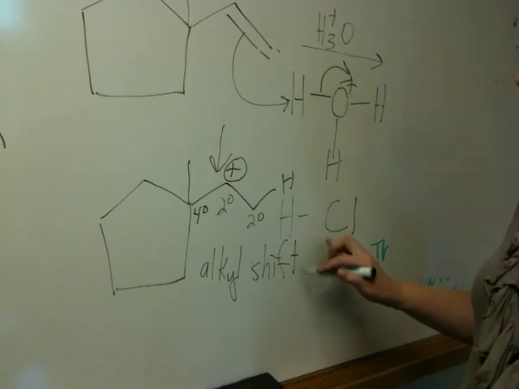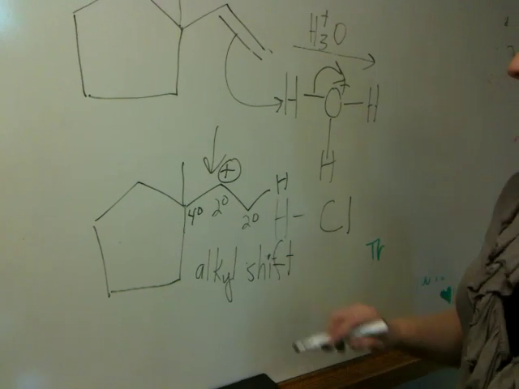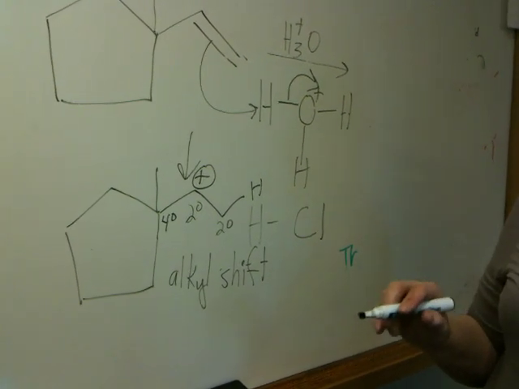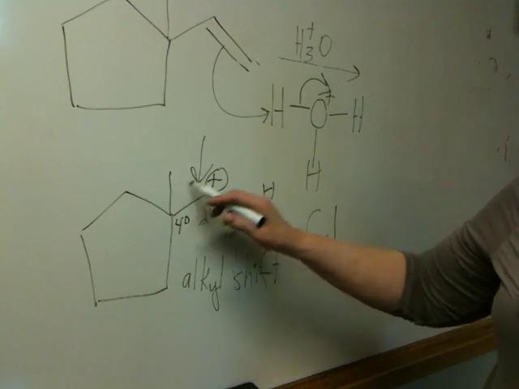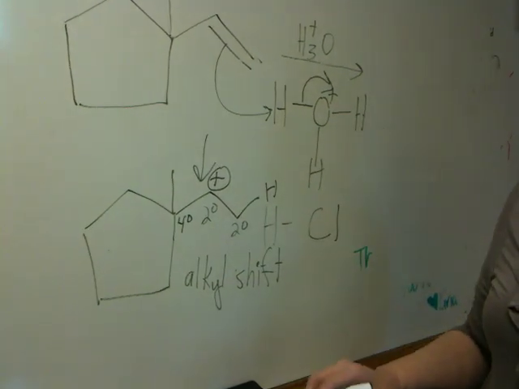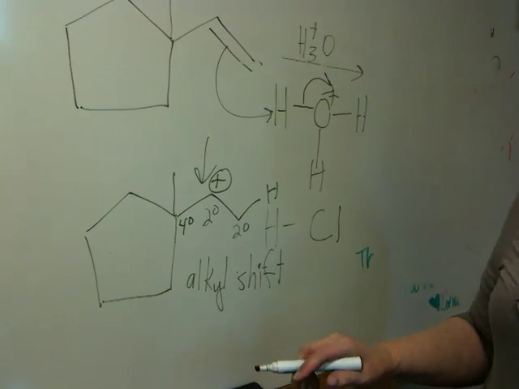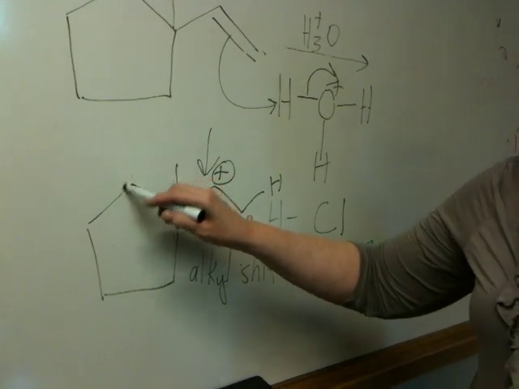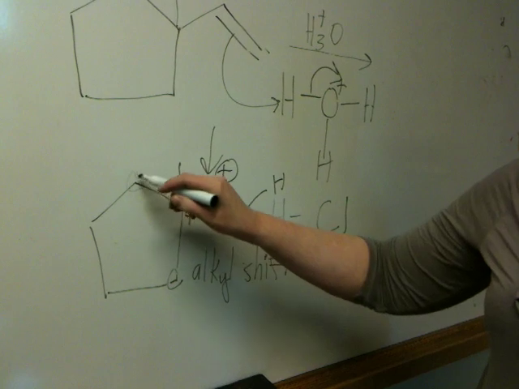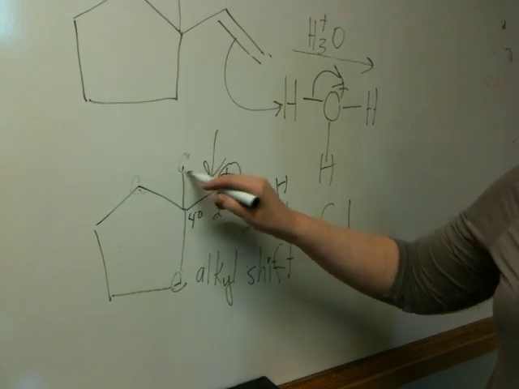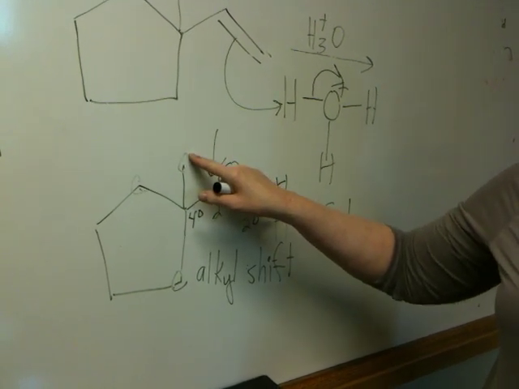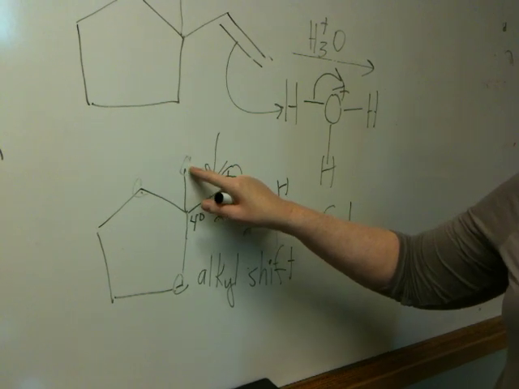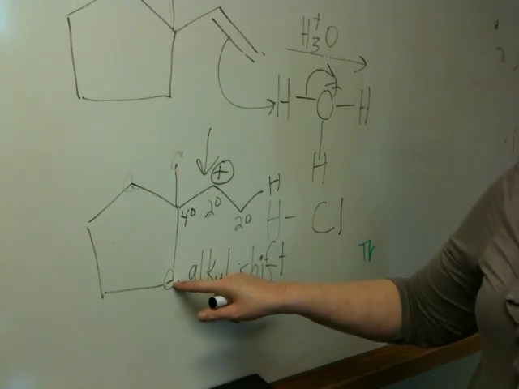Now in this case, there's one alkyl shift that's really simple and really obvious, and that's the shift of this methyl group over. That's very much like what I did in class. But what's going to be tough for you is getting used to the idea that these carbons here are really no different from that carbon there. This is always a very tough problem for students.